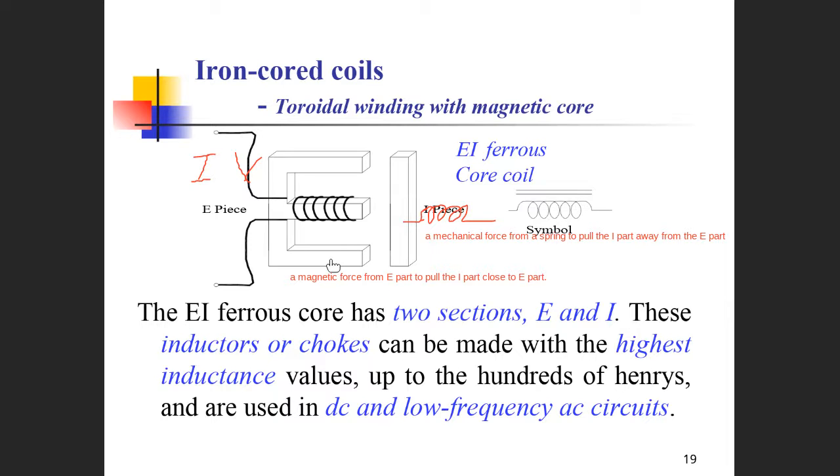When the current is small, because of the mechanical force, the E and I part separate. We can use this closing and separating mechanical movement to cut off or turn on a facility.